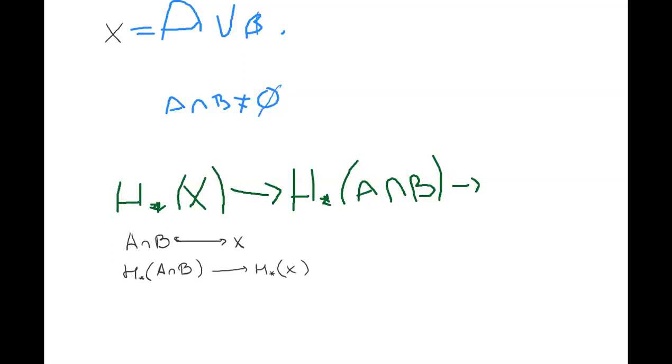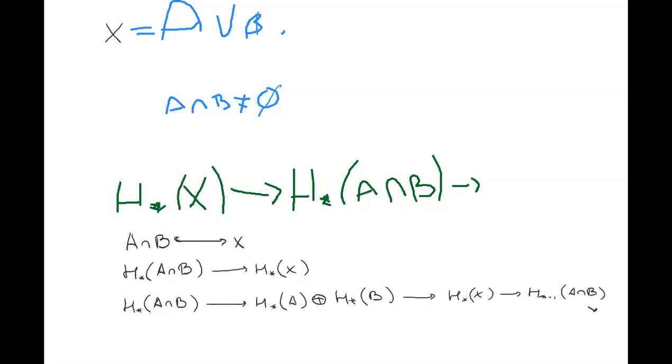Okay. So, I guess the answer is that you have H of the intersection maps to the sum of the homology of each subspace, and it maps to H of X. Then go as one of A intersect with B. Okay.